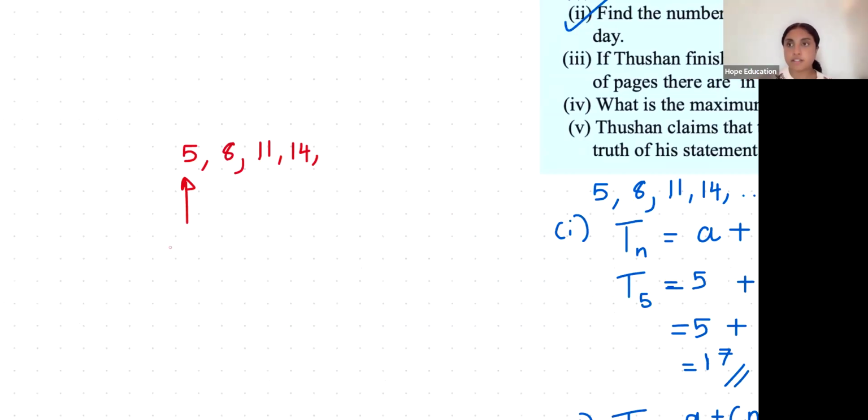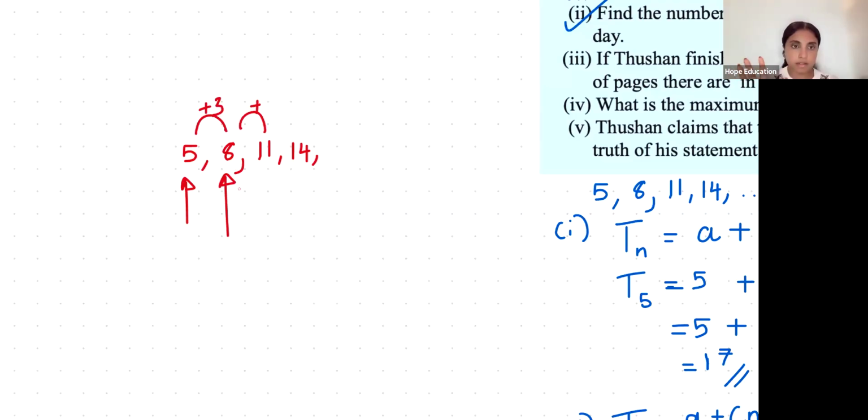So that means first day the total number of pages he read was 5. Second day, 3 more, 8 means the total number of pages he has read up to that point, right? Including the first 5, another 3. So total 8. Then here 8 is not the number of pages he read on the second day. That is the difference in this pattern.